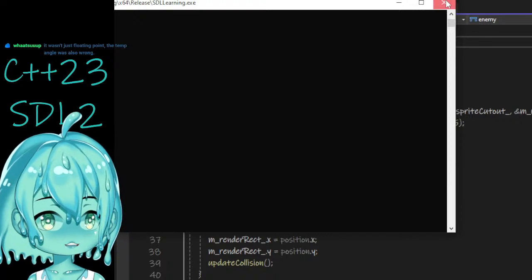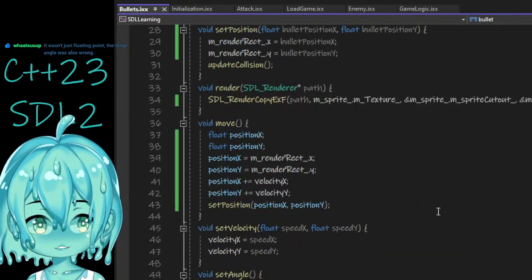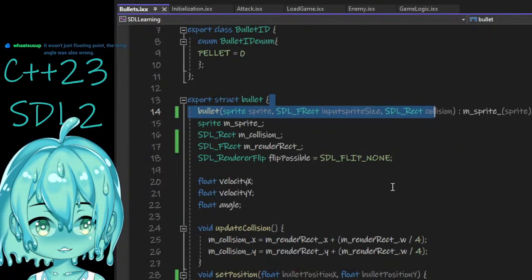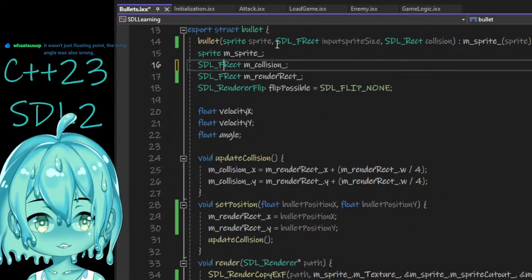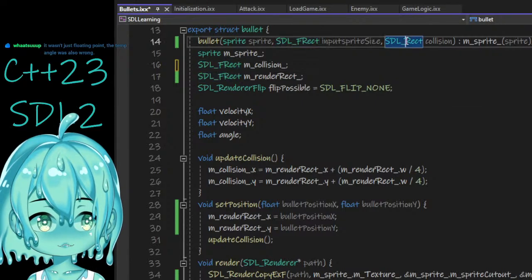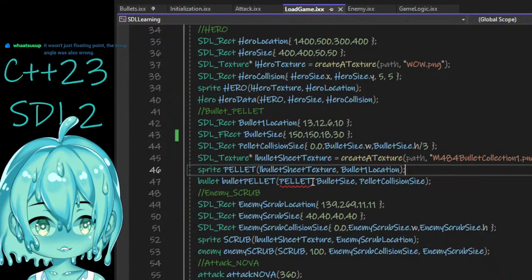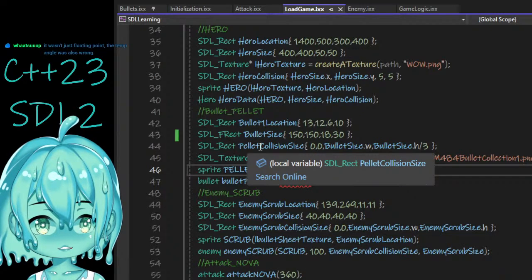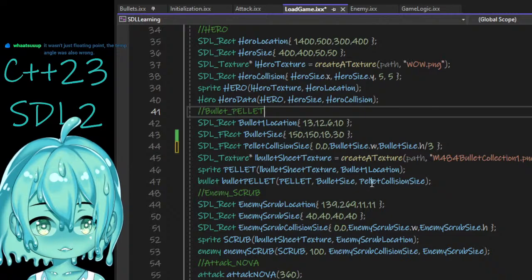Okay. So now, we need the hitbox to also move with the bullets, which means these need to be floating point boxes. Collision, control F. This box needs to be an F rect, which is good.